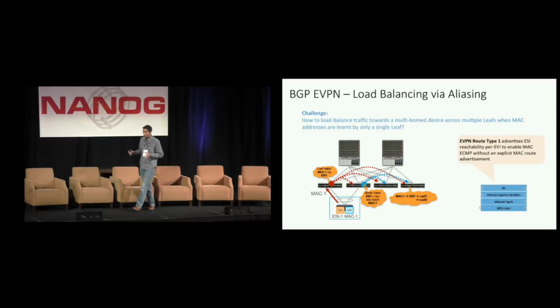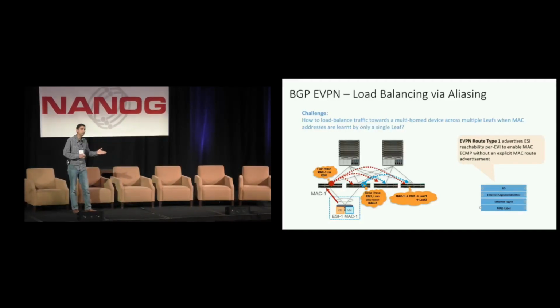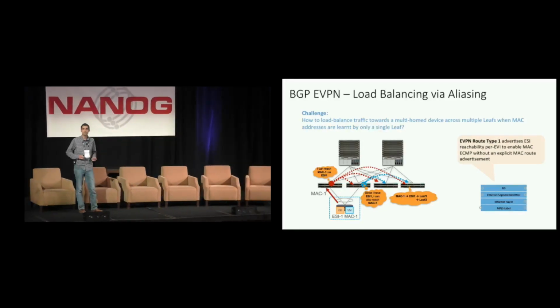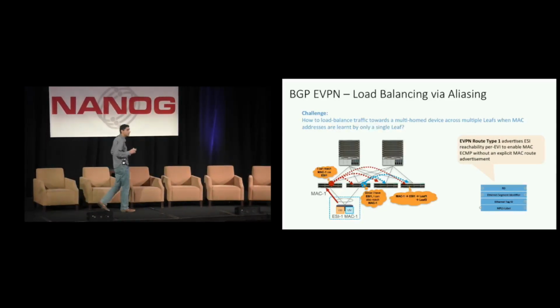By doing this, all the remote leaves that are part of that EVPN know the ECMP reachability to a given ESI. And the MAC reachability is not derived from the PE router or the advertising leaf router, but essentially we derive the MAC reachability from the ESI that the MAC belongs to. So by adding this indirection in forwarding between the MAC and the ESI's path or forwarding encapsulation information, we're able to accomplish ECMP load balancing for all MAC bridged traffic.